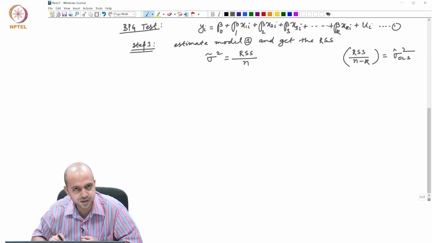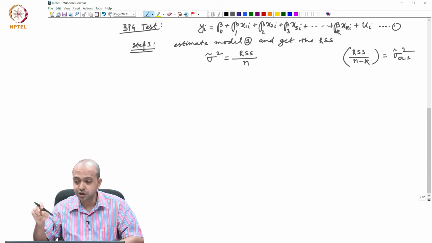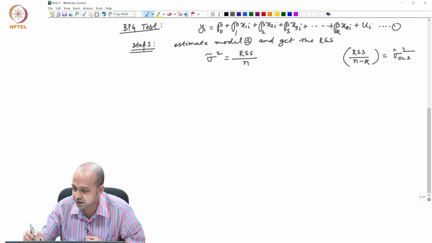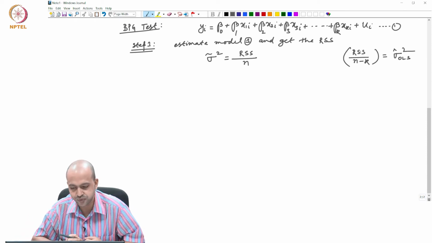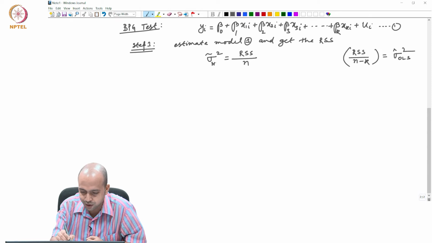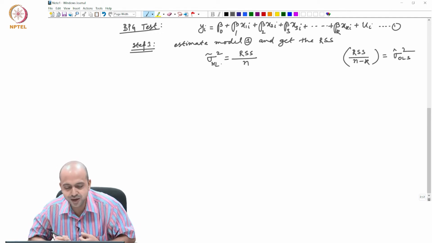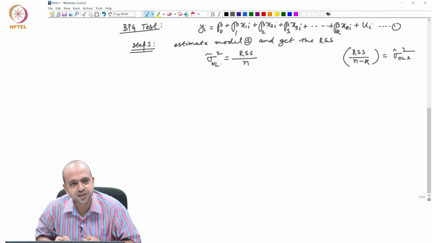Sigma square is the error variance, which is an unknown population parameter, and its sample counterpart is sigma hat square, coming from your OLS model, that is RSS by n minus k. Here, when I am doing RSS by n, that is the estimate of sigma square coming from the maximum likelihood method. That is the difference. Both sigma tilde square and sigma hat square are sample counterparts of the true population parameter sigma square, which is unknown.